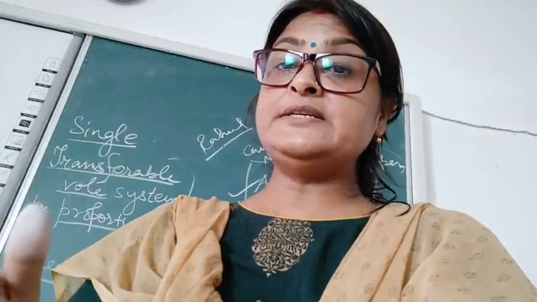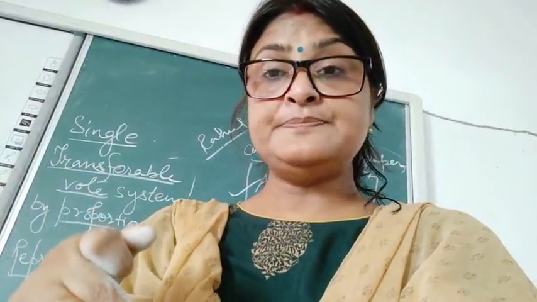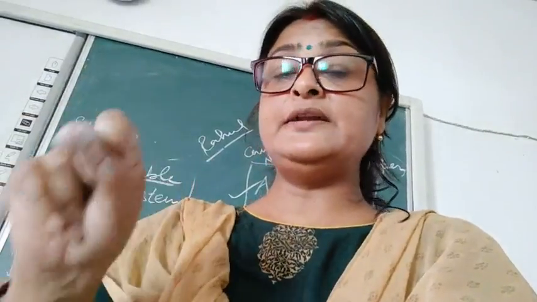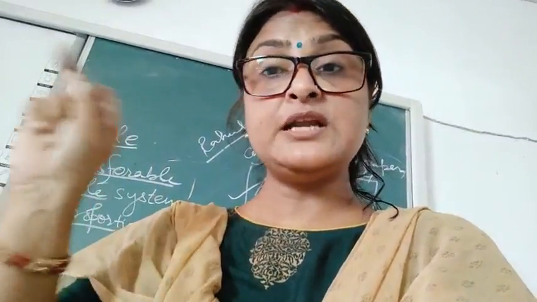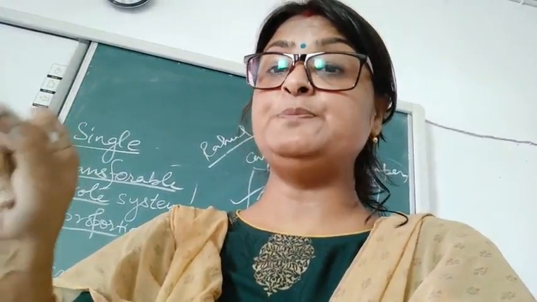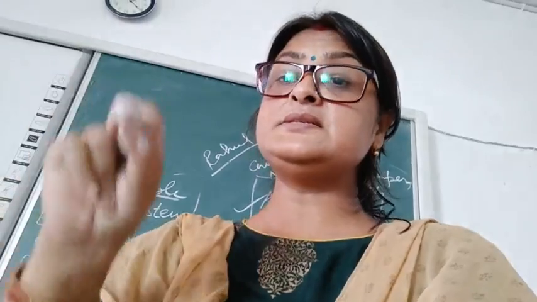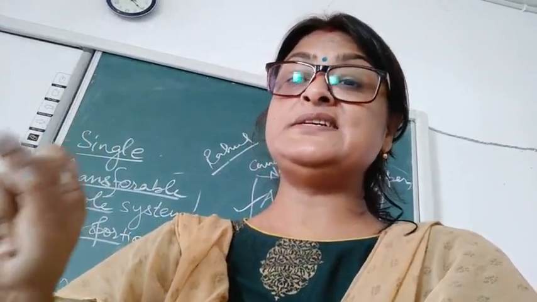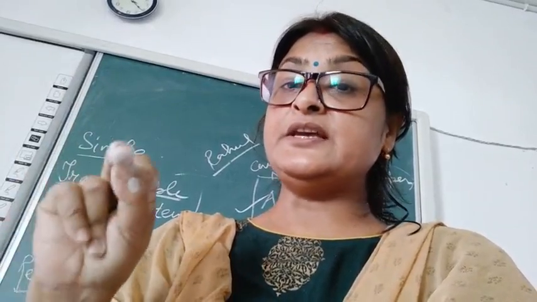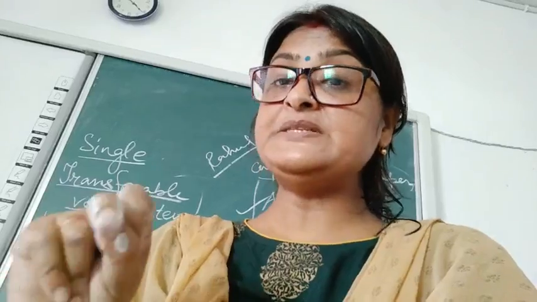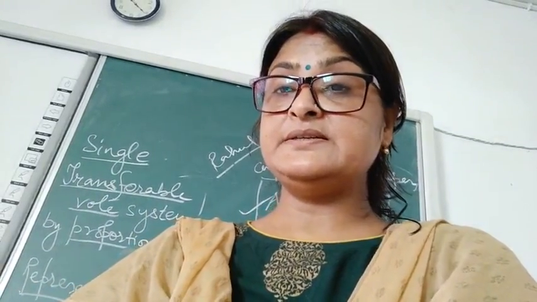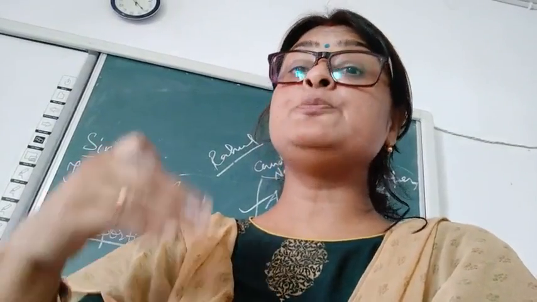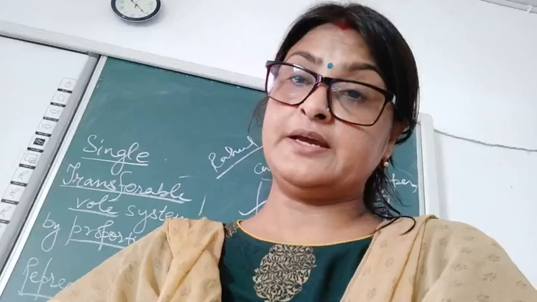Then you will also write about the value of each MLA, then the value of each MP, and then you will write the formula quota, that is total number of valid votes divided by 2 plus 1. This is the magic number which has to be secured by the candidate to become the president of India.